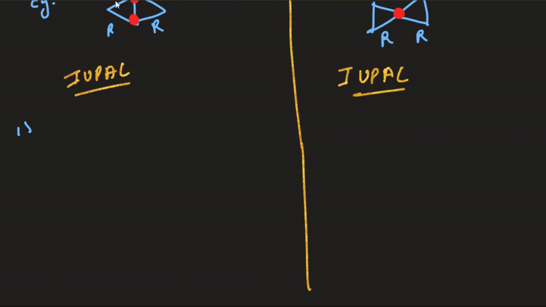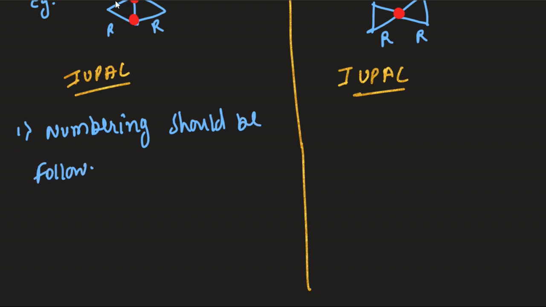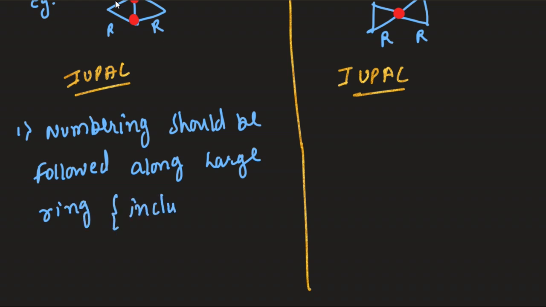First of all, what you have to do: numbering should be followed along the large ring, including bridge carbon.